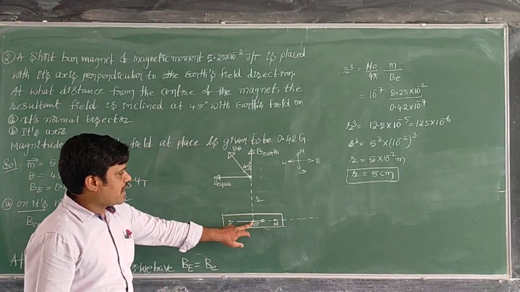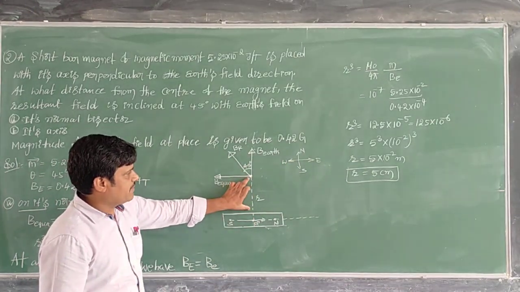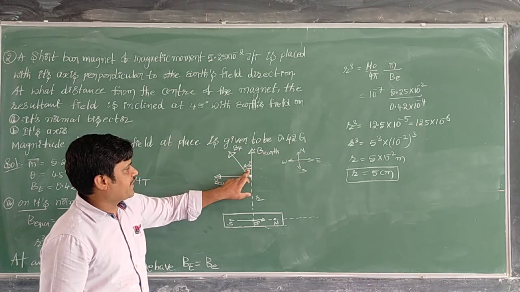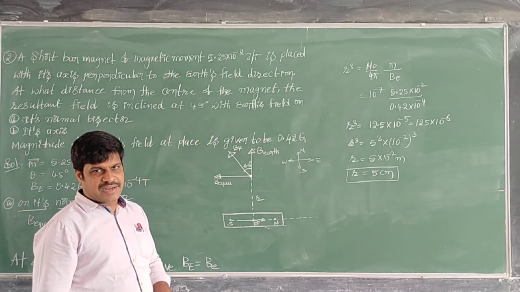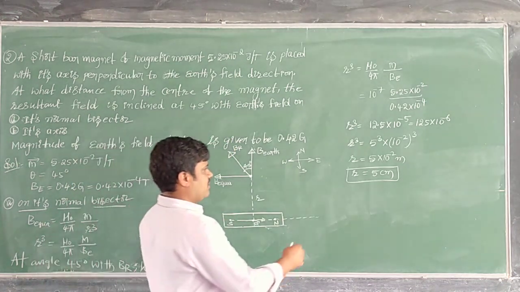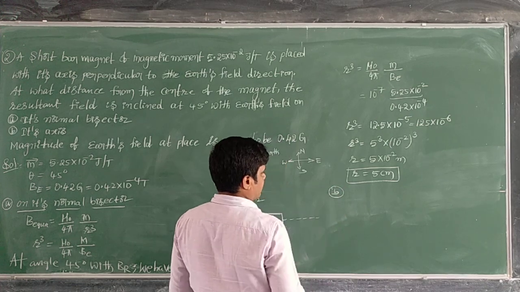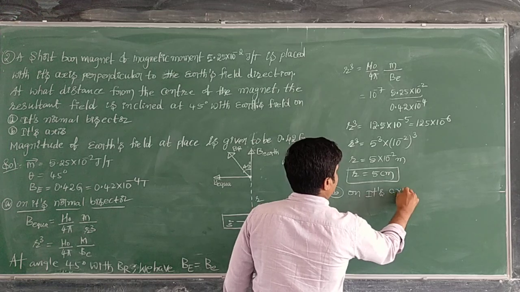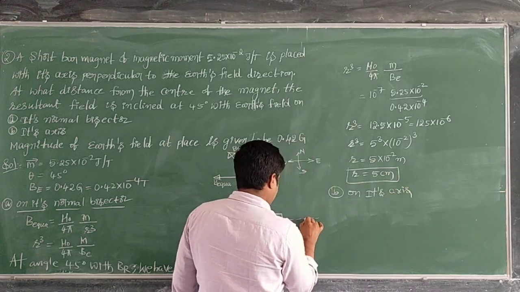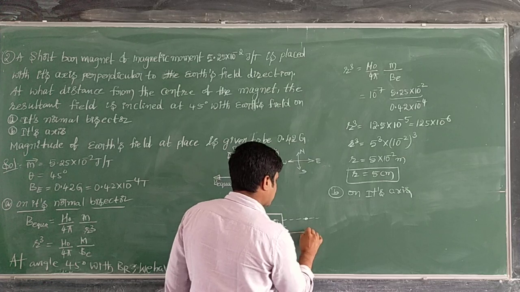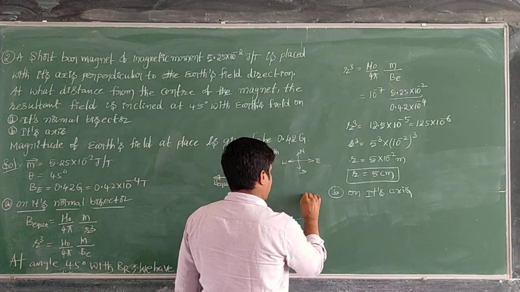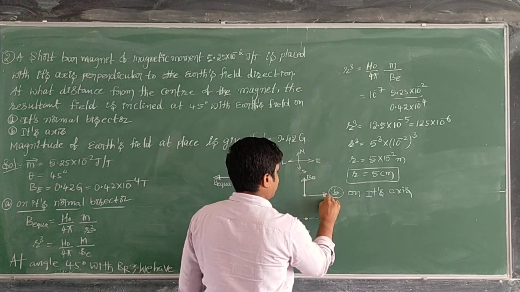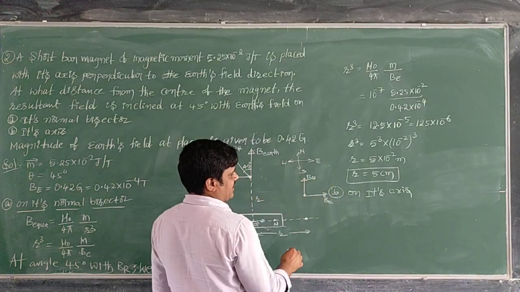So from this bar magnet at a distance of 5 centimeters, the earth's magnetic field makes an angle of 45 degrees with the resultant magnetic field. Same you can solve in case of B also, on its axis. Here this is the magnetic field of the earth, and this is the magnetic field due to the bar magnet on the axis.